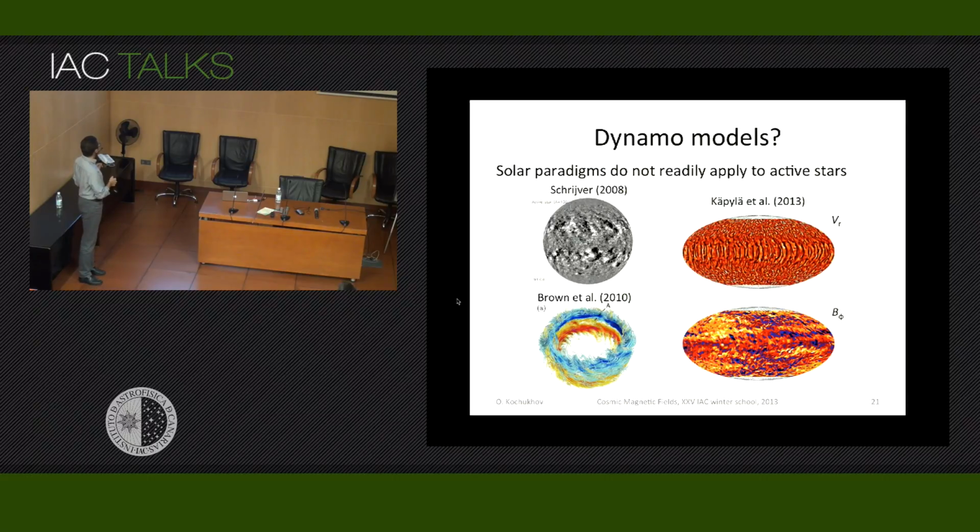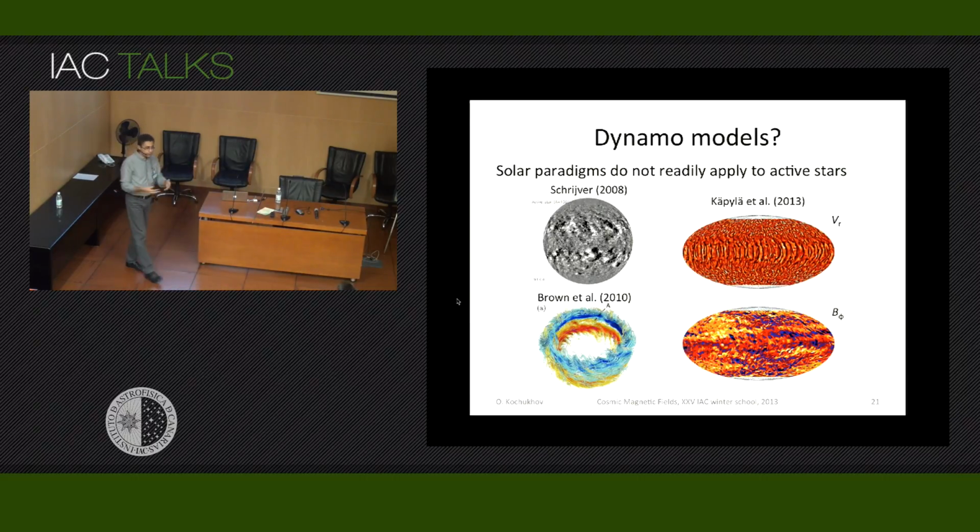And it all starts, as we hear all the time, by applying the solar paradigm. So there is some phenomenon observed for the sun, and we are trying to simulate what happens in stars with parameters different from the sun by enhancing this phenomenon. For example, in this particular study, this author, Carl Schrijver, studies emergence of bipolar regions.